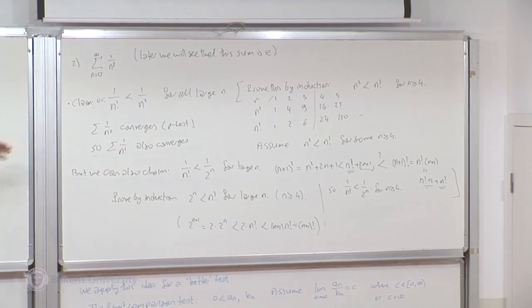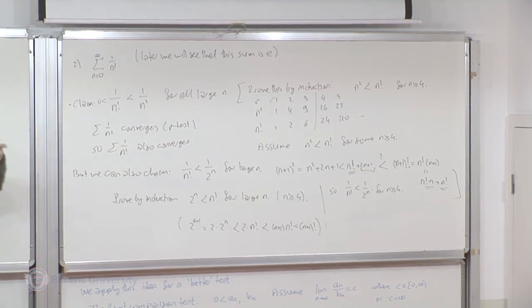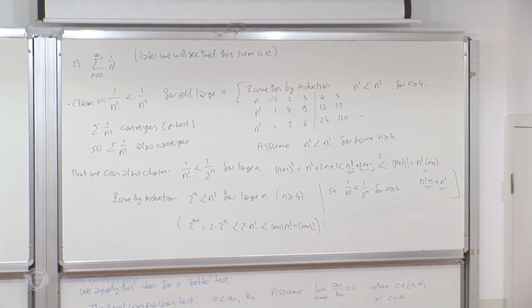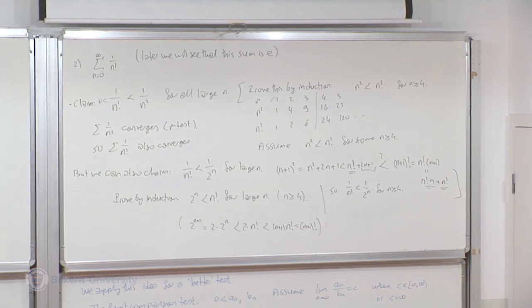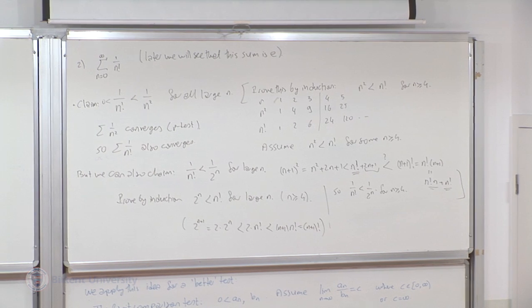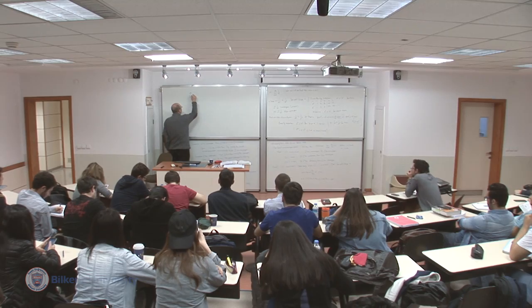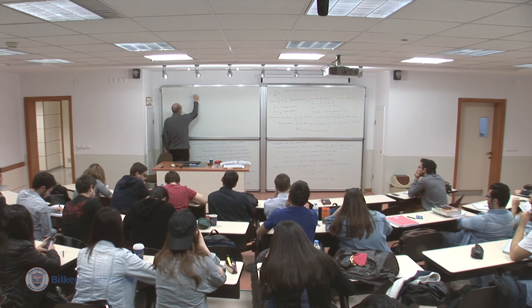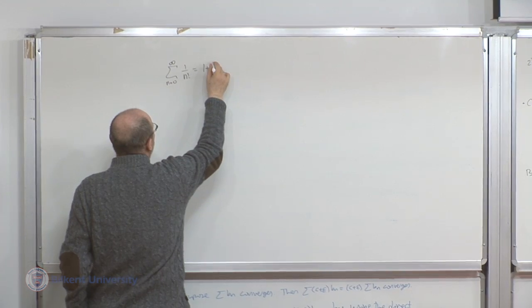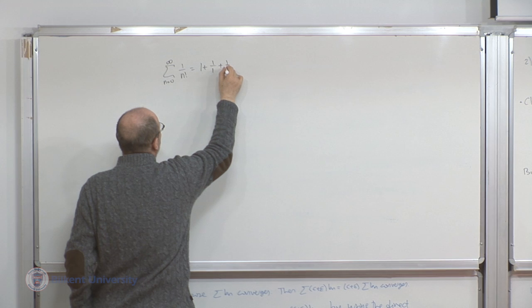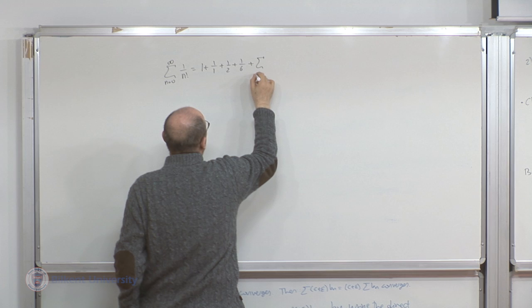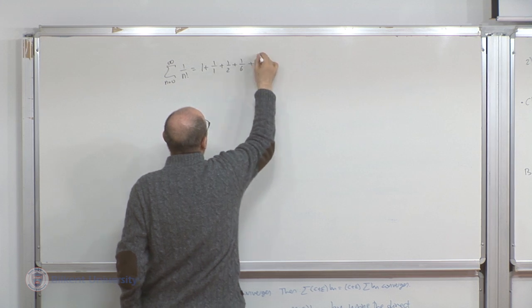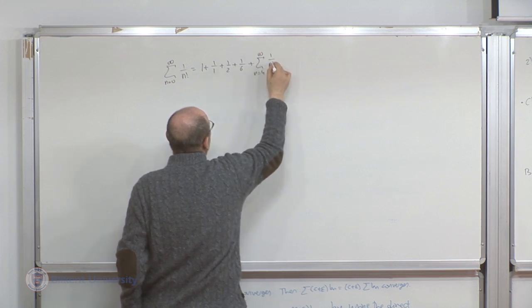Later on, we will find out that this is equal to e, but before we precisely know the value of e, you will see that we will need to know that e is less than some number so that we can do some induction. So 1 over n factorial sum is equal to 1 plus 1 over 1 plus 1 over 2 plus 1 over 6 plus summation n equals 4 to infinity 1 over n factorial.